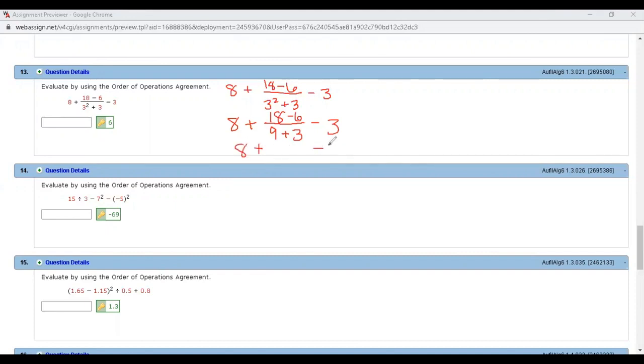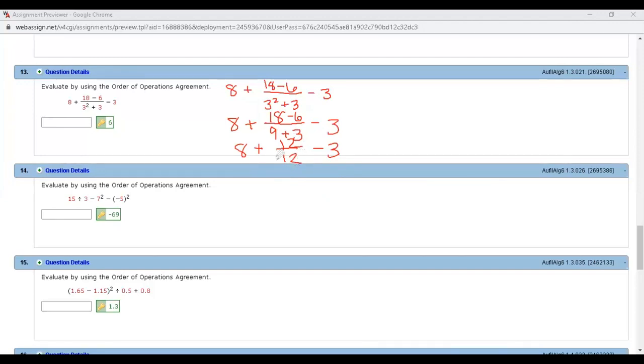So you want to work this out in a way so that you can simplify it. So now that we have our numerator and our denominator, we can write what it is. So 18 minus 6 is 12, and 9 plus 3 is 12. So 12 divided by 12 is 1.